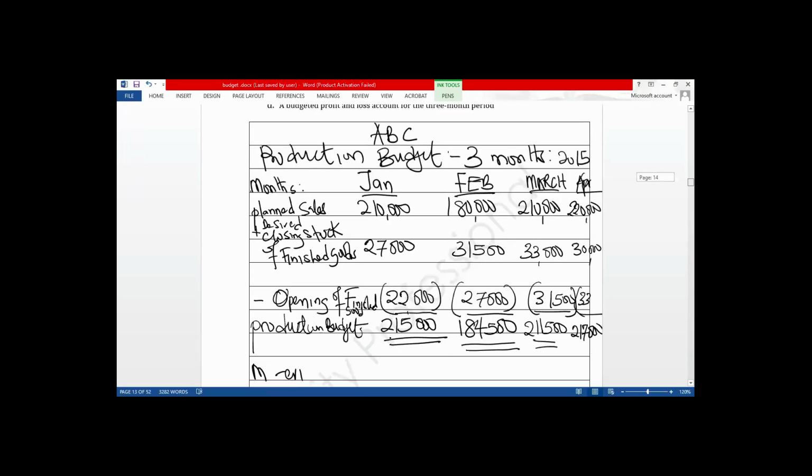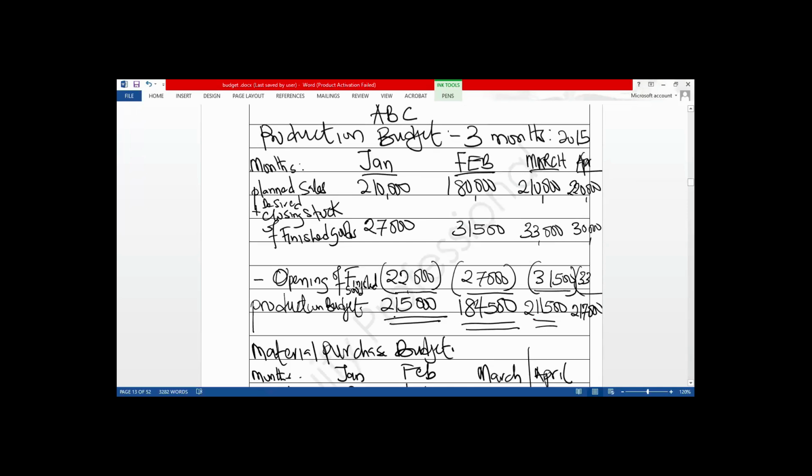In January, we are going to produce 215,000 units. February, we are going to produce 185,500. March, we are going to produce 211,500. We are going to use this to calculate labor wages.